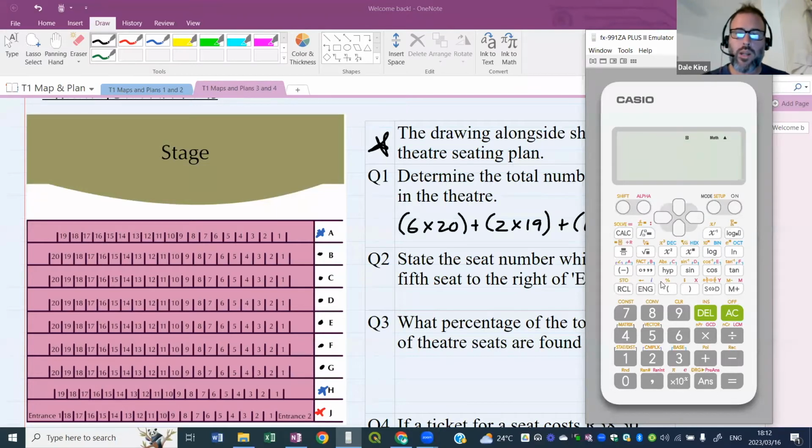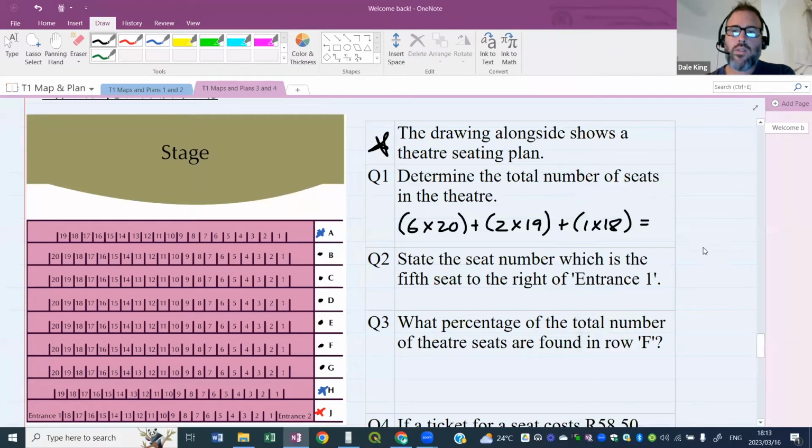I'm going to use my brackets: 6 times 20, bracket, plus 2 times 19, bracket, plus 1 times 18. Everything's in there, all the rows are catered for. And there we go. Well done. You guys are very quick on that one. 176 seats.